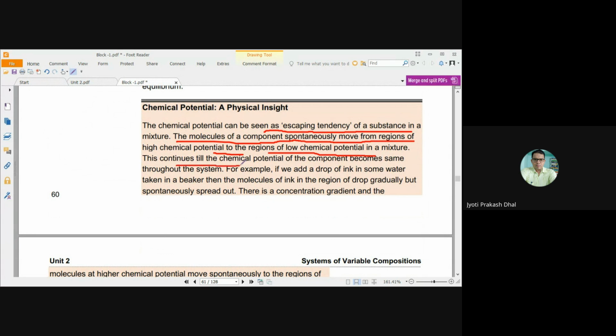This continues till the chemical potential of the component becomes the same throughout the system. For example, if we add a drop of ink in some water taken in a beaker, then the molecules of the ink in the region of the drop gradually but spontaneously spread out. They will spread until the chemical potential of the ink remains the same throughout the solution.